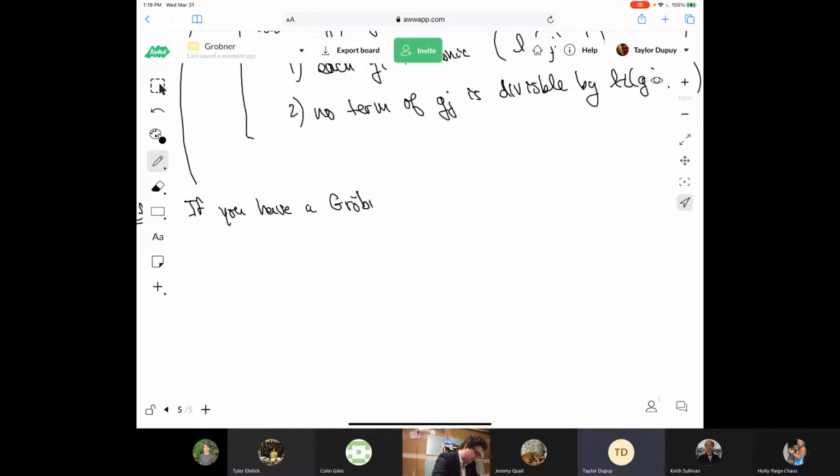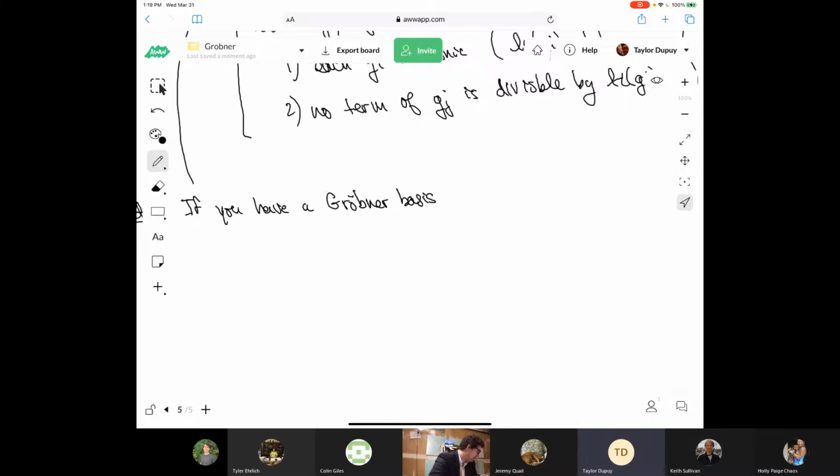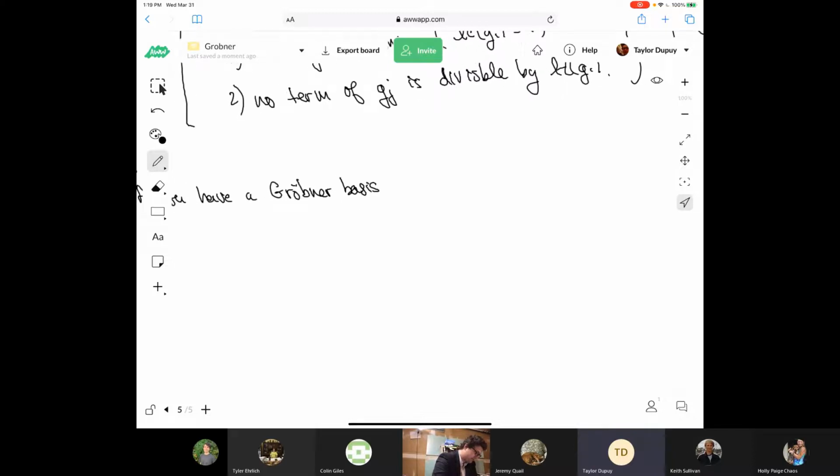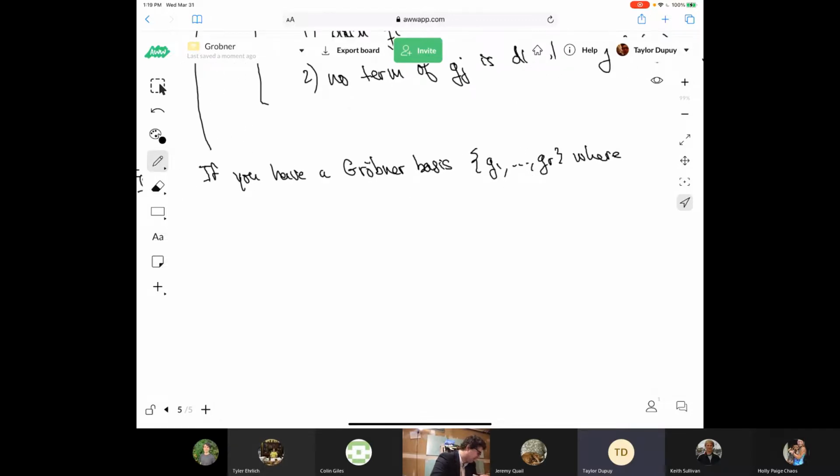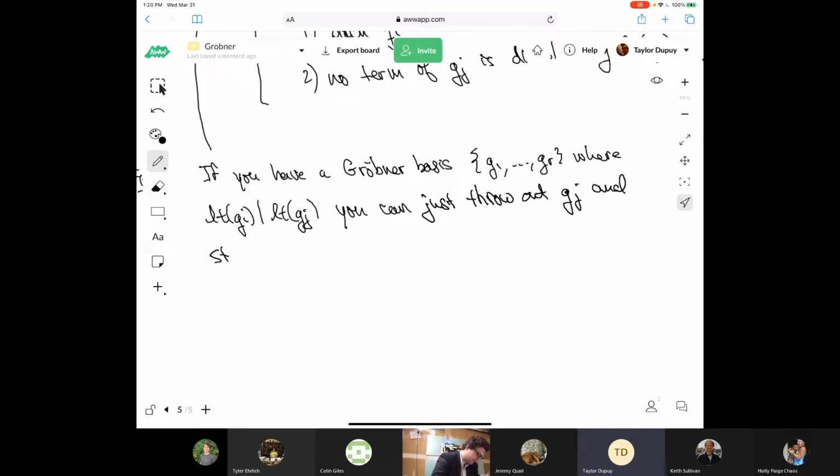If you have a Groebner basis G1 through GR, where the leading term of GI divides the leading term of GJ, you can just throw away the GJ, and still have a Groebner basis.